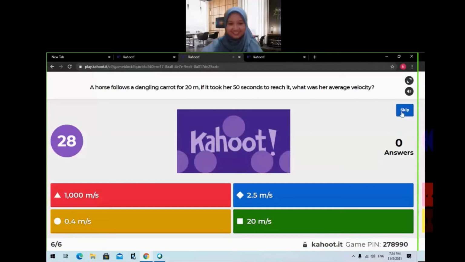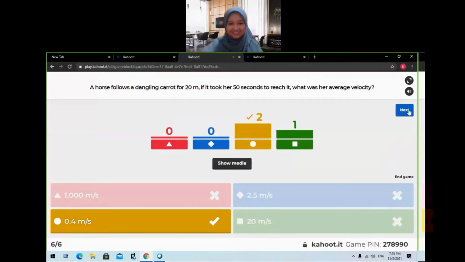Okay. A horse follows a dangling carrot for 20 meters. If it took her 50 seconds to reach it, what was her average velocity? I'm going to skip the time. Okay, 2 have got the answer.